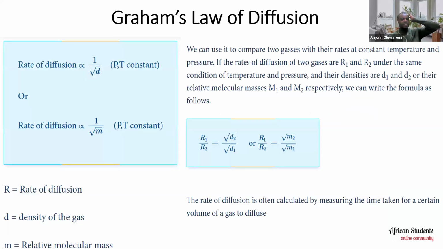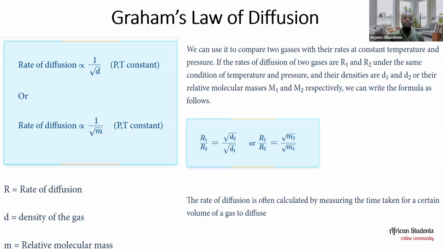So let's look at the mathematical representation of this law now. The rate of diffusion is inversely proportional to the square root of the density. So what we have is rate inversely proportional to 1 divided by the square root of the density, where pressure and temperature are kept constant, or rate of diffusion is inversely proportional to the square root of the relative molecular mass, where pressure and temperature are also kept constant.